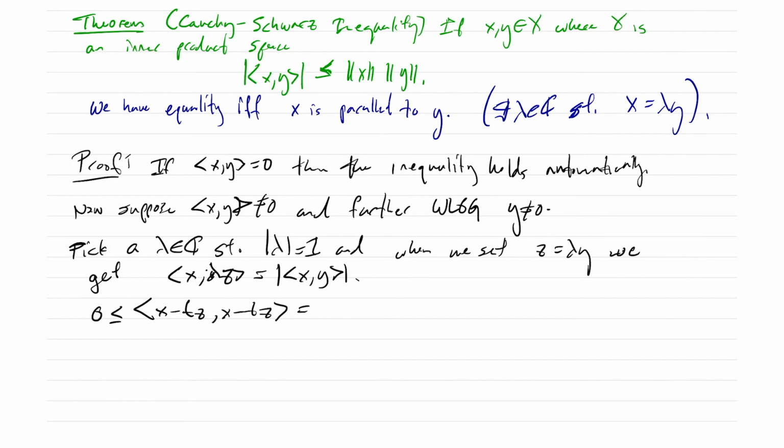Now if I expand this out, I can just use linearity on each piece, and I get the inner product of x with x, minus t times the inner product of z with x, then minus t bar times the inner product of x with z, and then plus t squared times the inner product of z with itself.